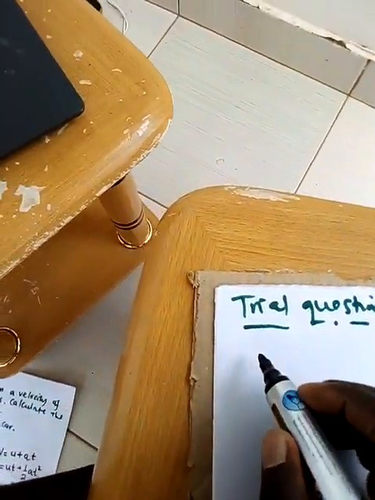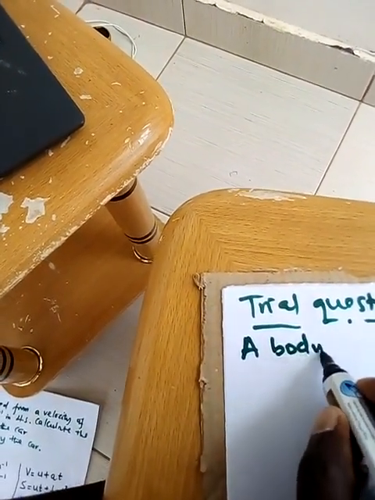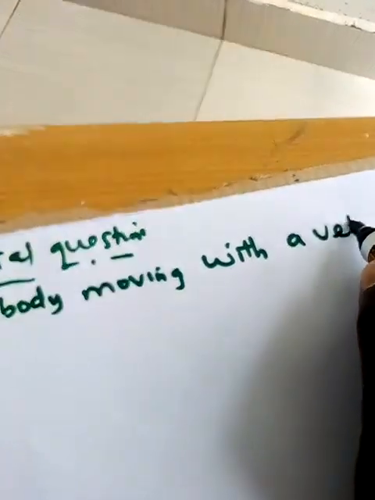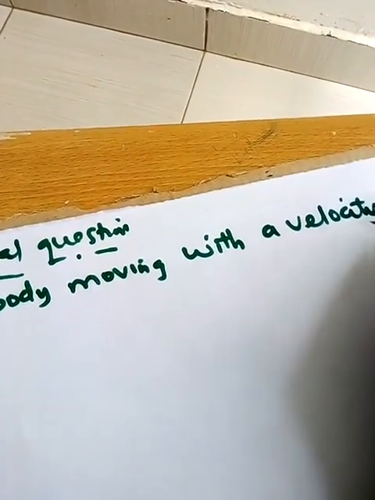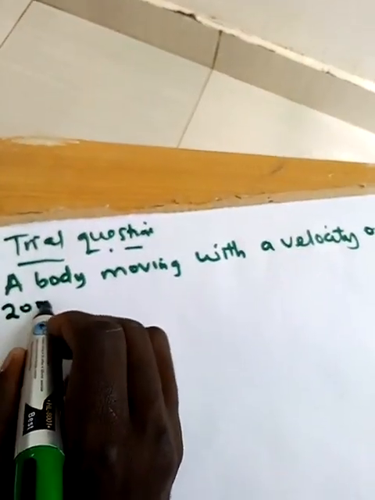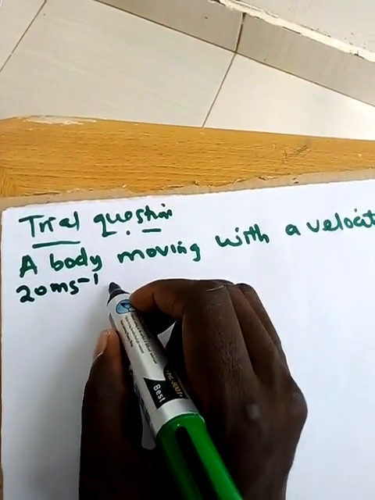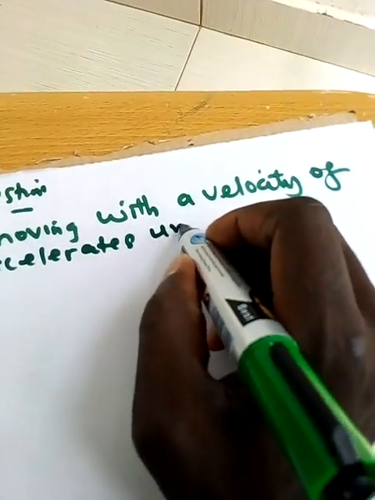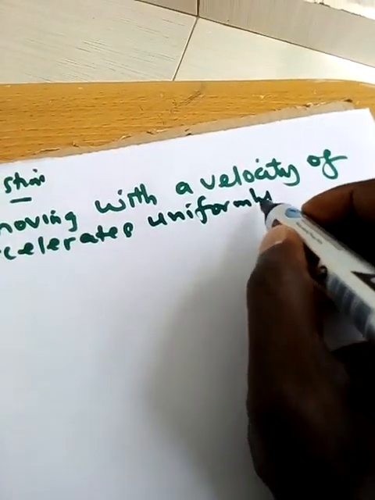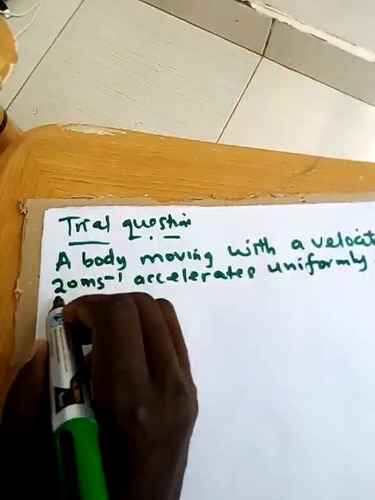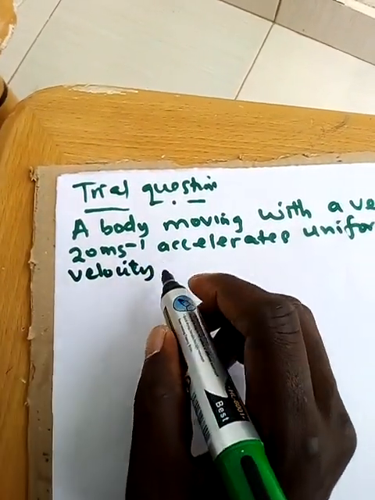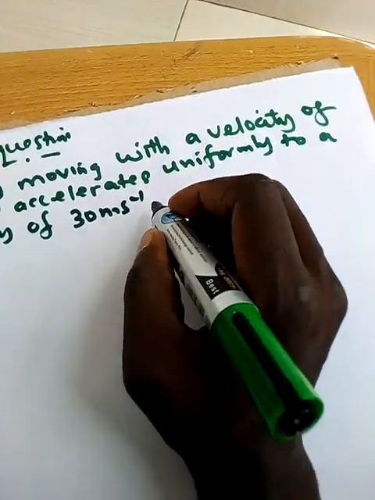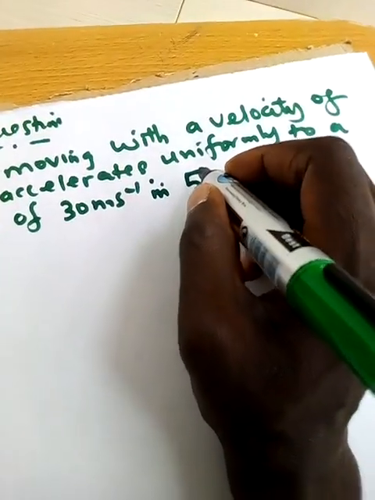What does it say? A body moving with a velocity of 20 meters per second accelerates uniformly to a velocity of 30 meters per second in 5 seconds.